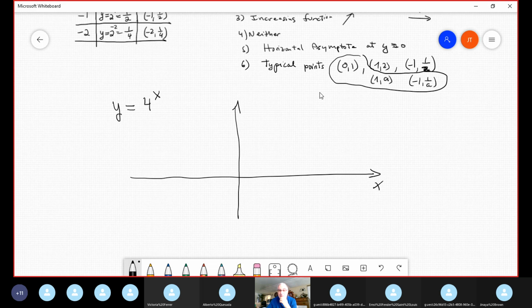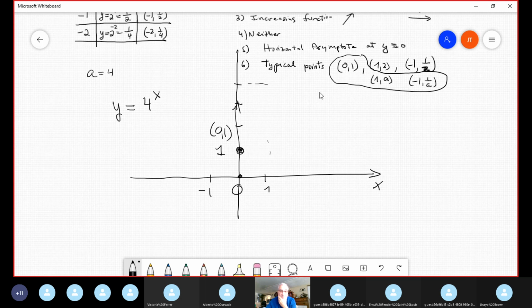In our specific case, the base is 4, so we have 0, 1, and negative 1. And 0 is 1, because this is the famous point 0,1, universal point. But 1 is 4, because the base is 4.